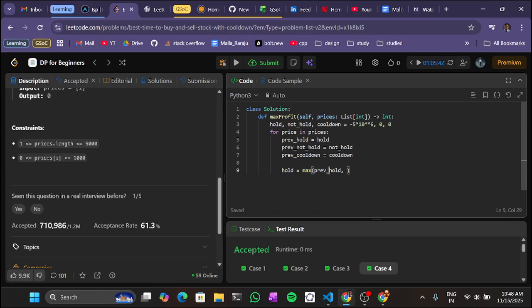So if you are previously holding, then we are still holding, and if you are not previously holding, then from the previous not holding, this is the amount that gets into our pocket.